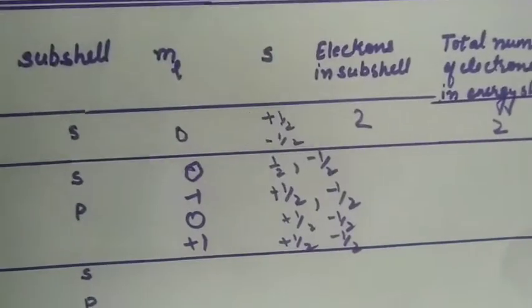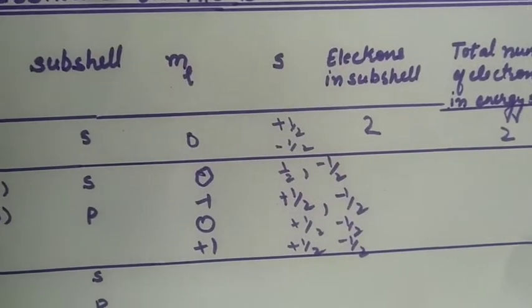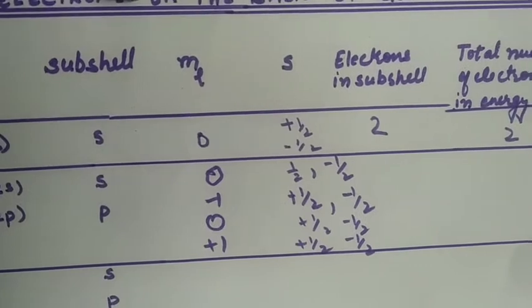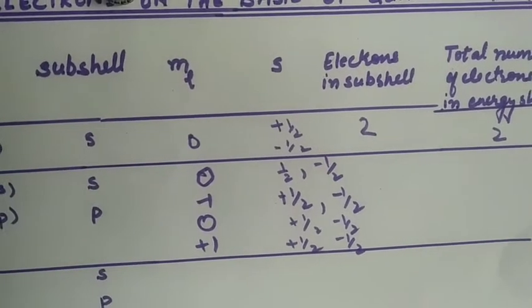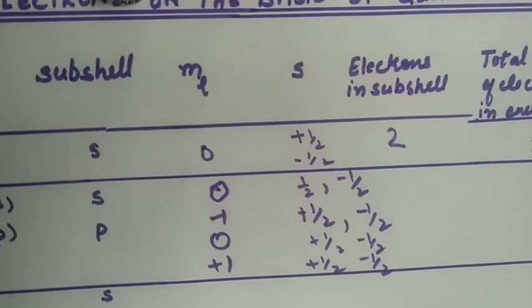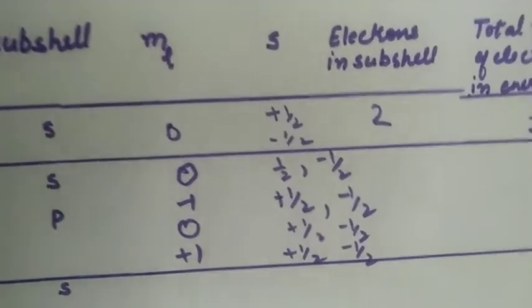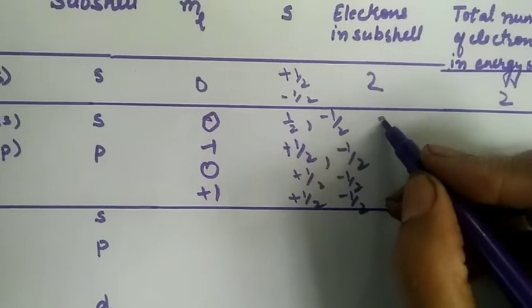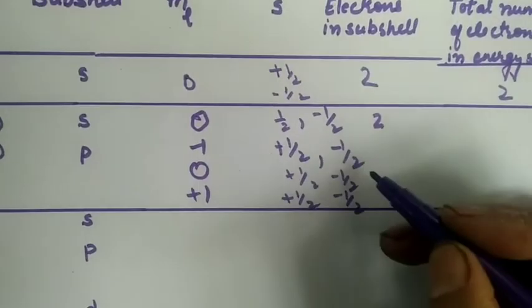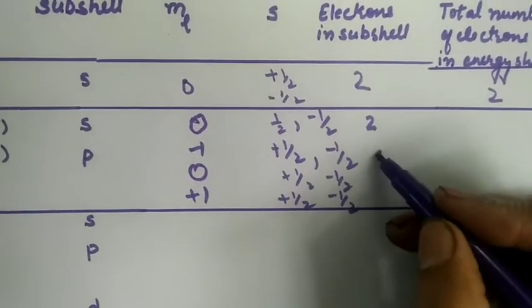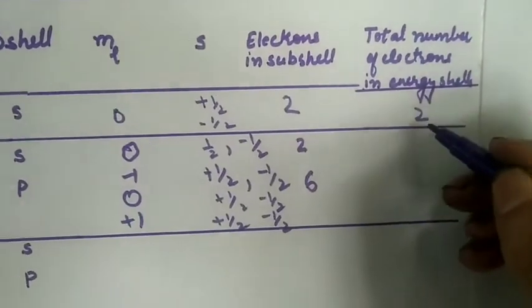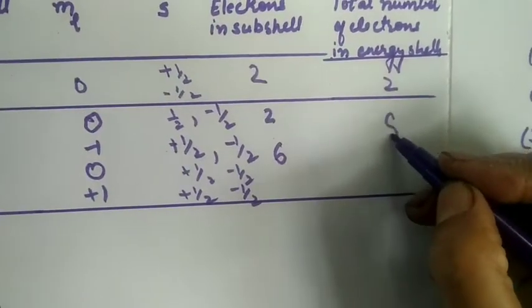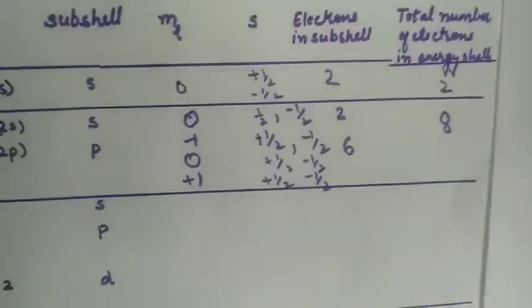So there are 3 p orbitals in the p subshell and 1 s orbital in the s subshell. So electrons in the s subshell will be 2, whereas in the p subshell will be 2 plus 2 plus 2, 6. Total number of electrons in the energy level will be 8.